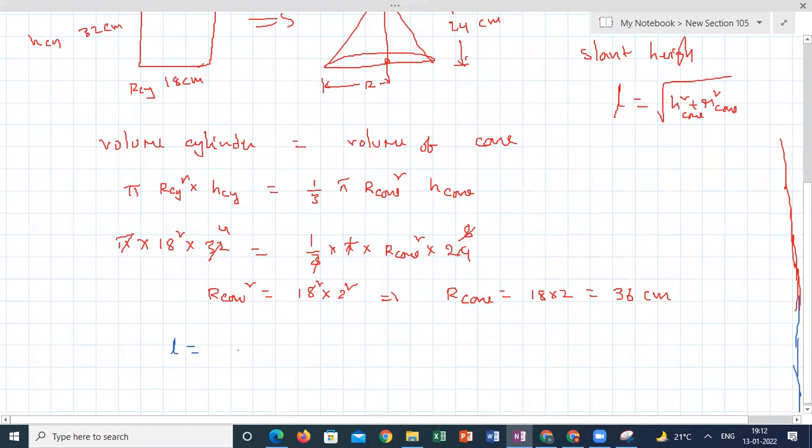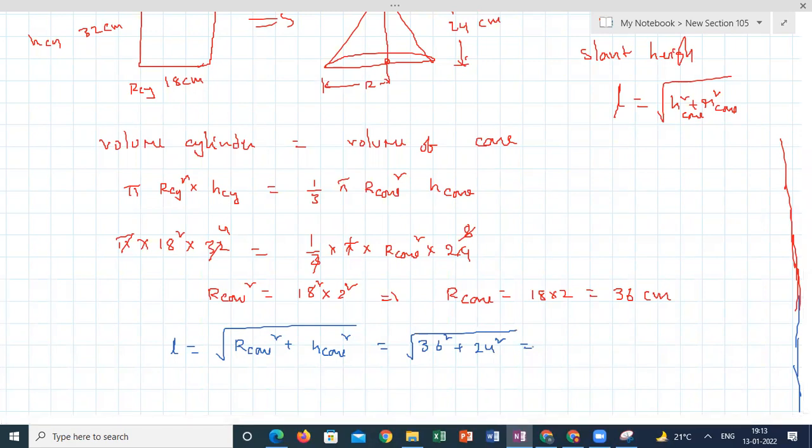The slant height L is equal to the root of radius of the cone square plus height of the cone square. That is equal to root of 36 square plus 24 square, 1,296 plus 576.